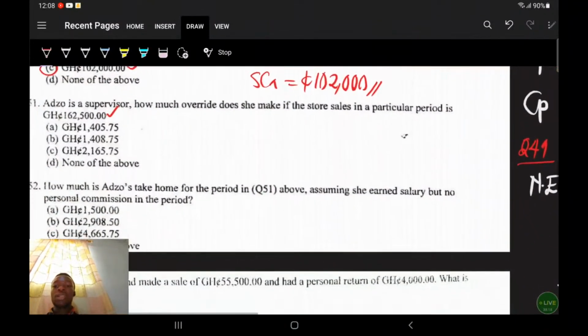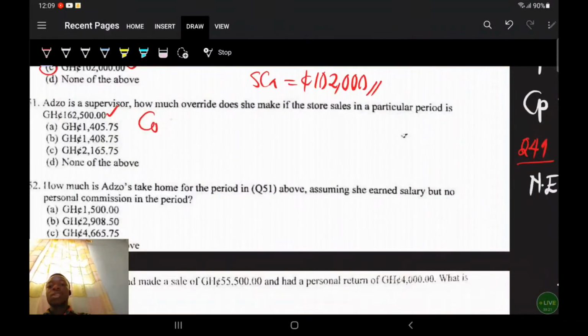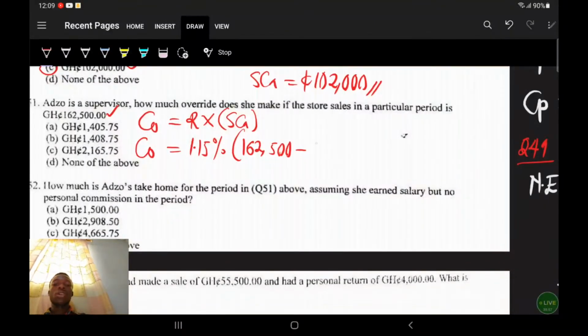The formula is the override rate multiplied by the store commission amount. So my commission on override for a supervisor is going to be 1.15% multiplied by 162,500 minus the store quota of 40,000.